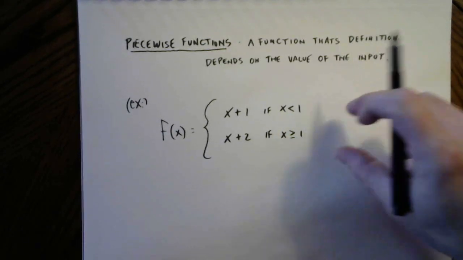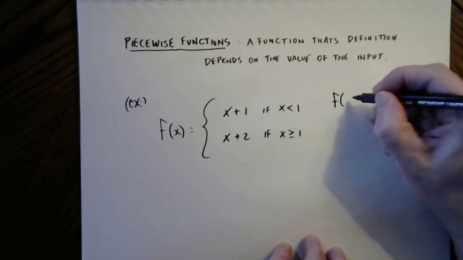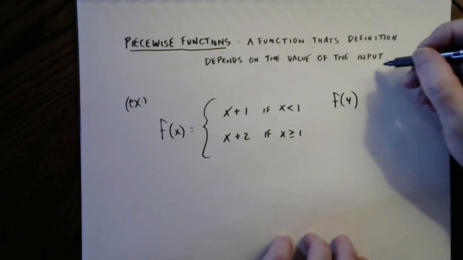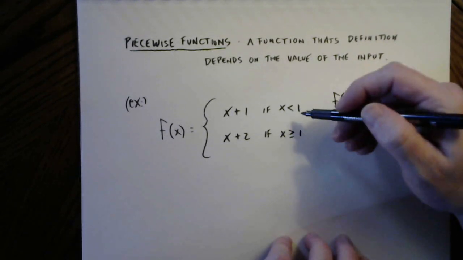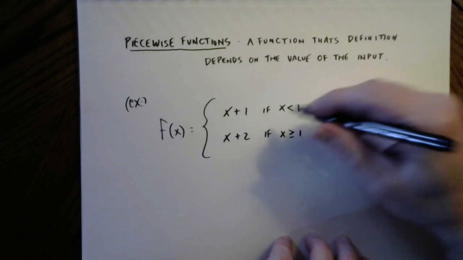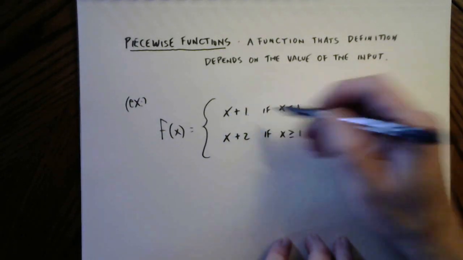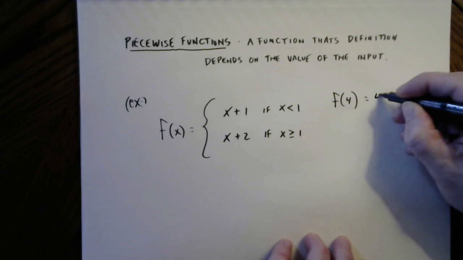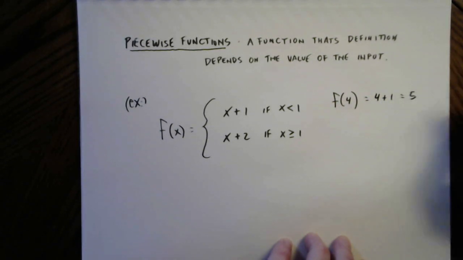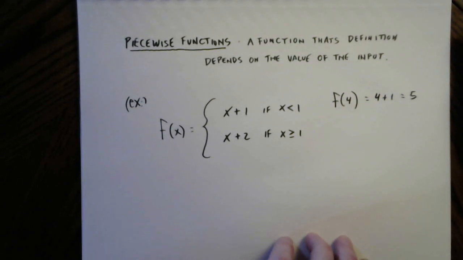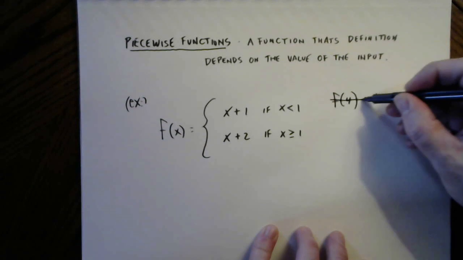So you have f of, say, 4. Which condition is met? The first condition. 4 is greater than 1. So if that's the case, I use this definition. So it'll be 4 plus 1. Sorry, that's not correct.